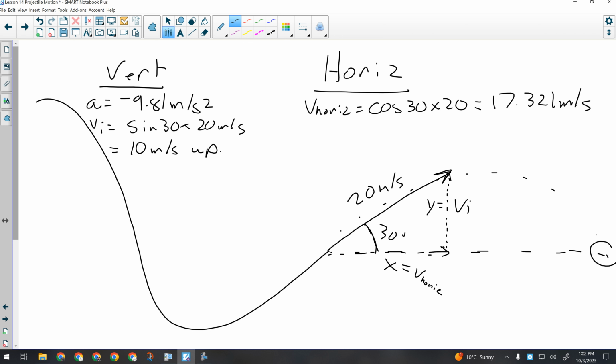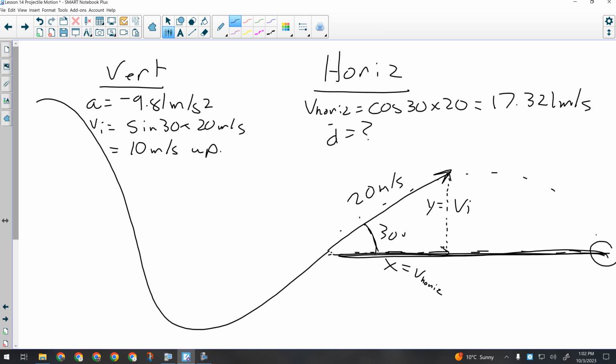Okay, we're supposed to be calculating this distance here. In other words, where to put the kiddie pool. Is that a vertical or a horizontal number? It's horizontal. It's how far from the ramp I need to put the pool. That is measured along the horizontal distance.